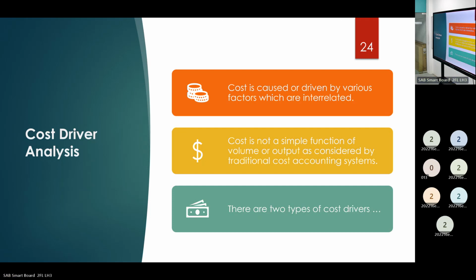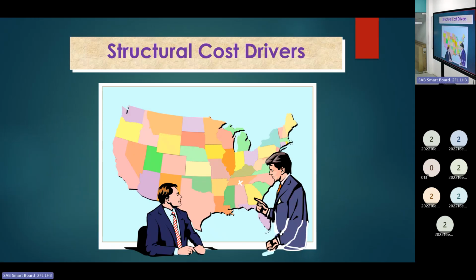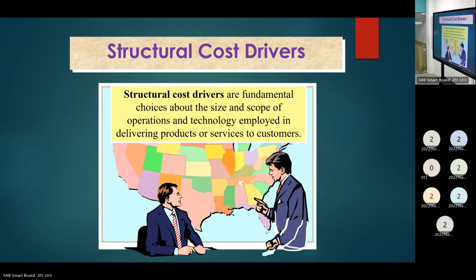There are two categories. First, structural cost drivers. The structural cost drivers are fundamental choices about the size and scope of operation and the technology employed in delivering the product or service to the customer.